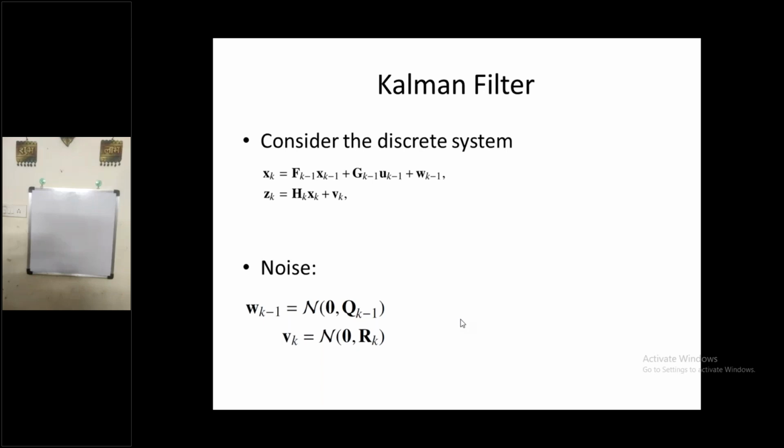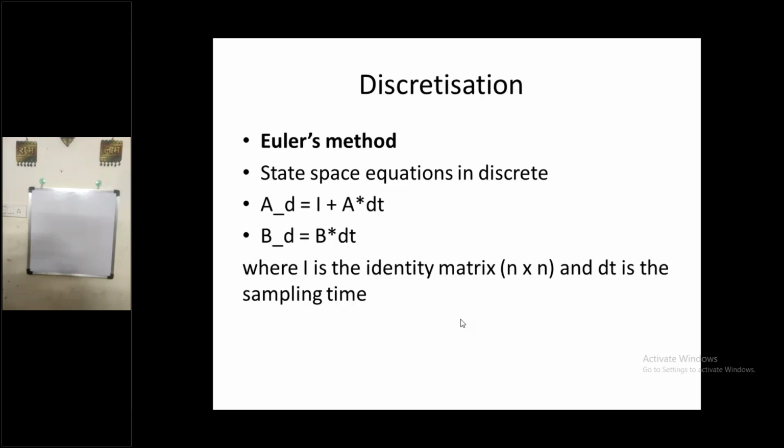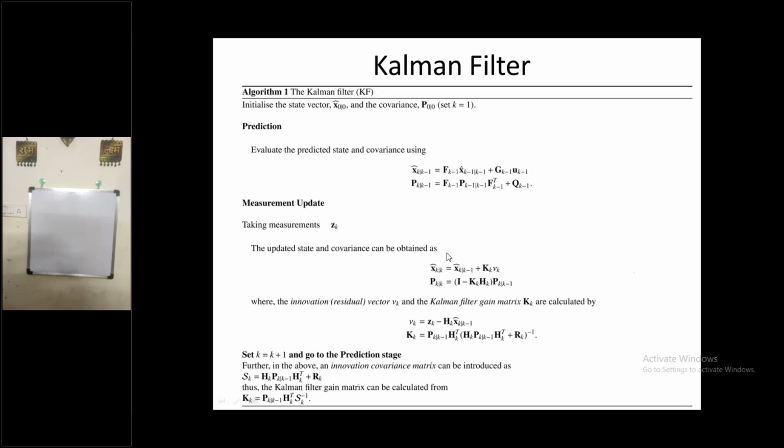So now the first thing is we have to discretize the continuous system, and once this discretization happens, then we go for the discrete Kalman filter design. This is the big Kalman filter algorithm. However, I will try to split this into a very small set of 5 steps which I want to show you. That is the purpose of what I was trying to do. So I will explain these things now.